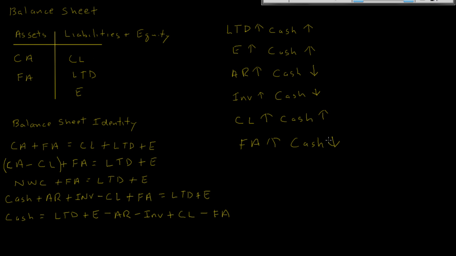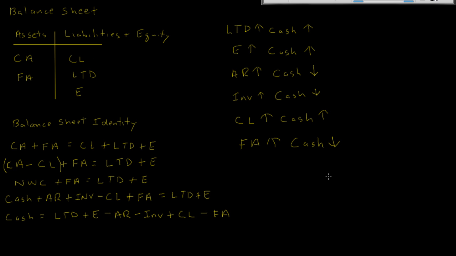So you can see that there are a number of things that affect the uses and sources of cash. All these positive ones are sources of cash, right? If long-term debt goes up, that's a source of cash. If equity goes up, that's a source of cash. But if inventories go up, that's a use of cash. If fixed assets go up, that's a use of cash.